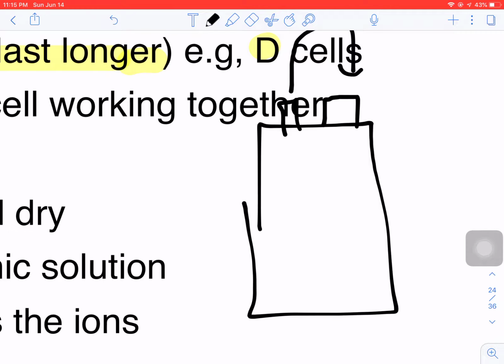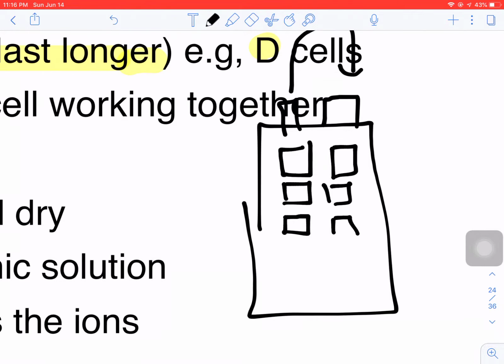what I might have inside here, separating this side and this side, oxidation and reduction, is another set of cells. Now it's not going to be quite set up this way, but this basically represents 3, 4, 5, 6 cells.